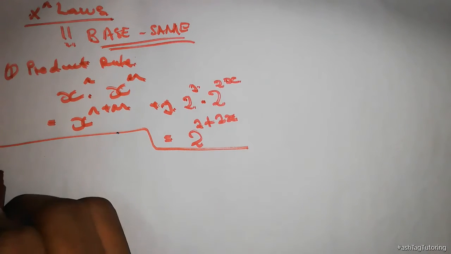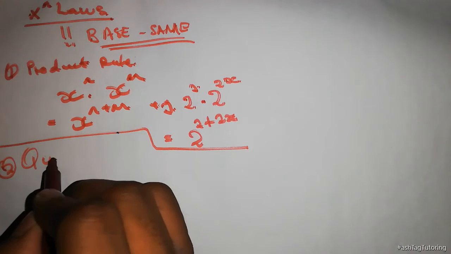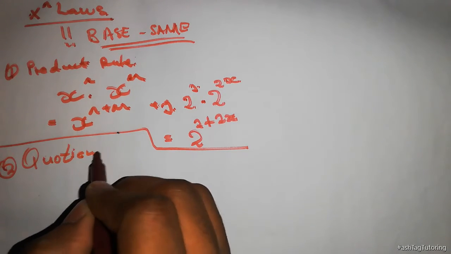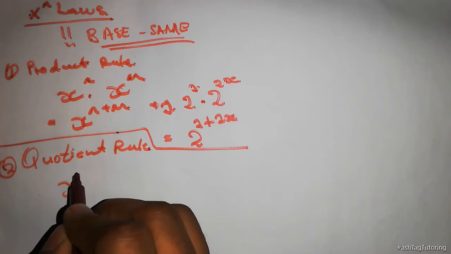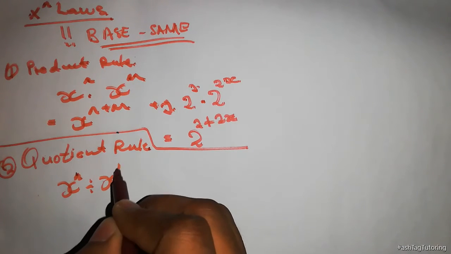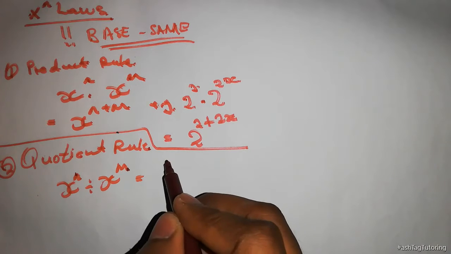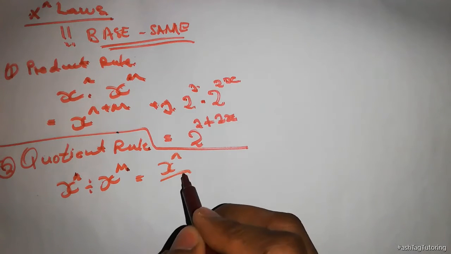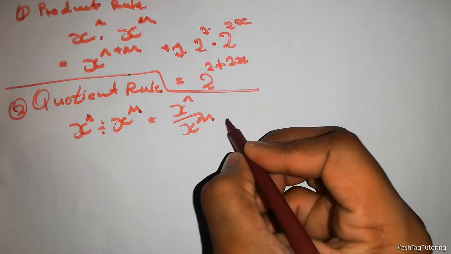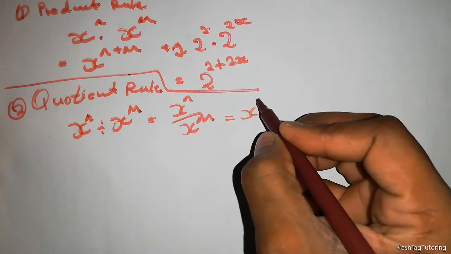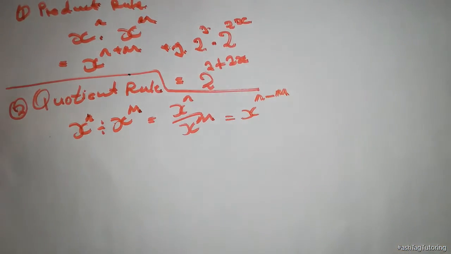Next rule is the quotient rule. With the quotient rule, when you have a number dividing another, you therefore subtract the exponents. In this case, it will be x to the exponent of n minus m.